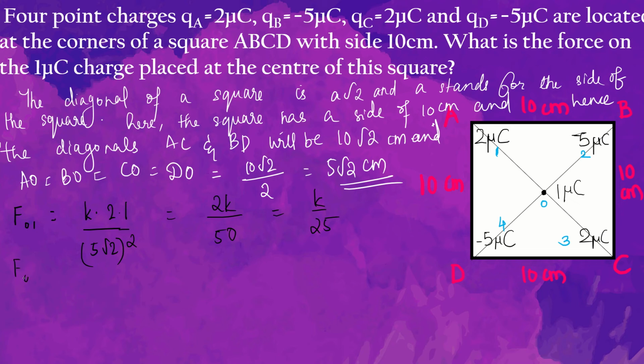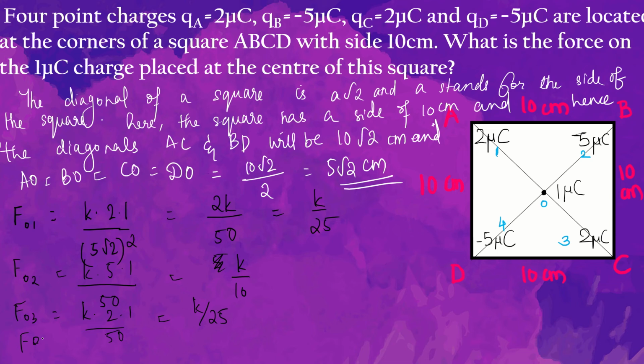When it comes to F02, it is K Q1 Q2 by 50 again, which is K by 10. F03 equals K Q1 Q2 by R square, which is K by 25.